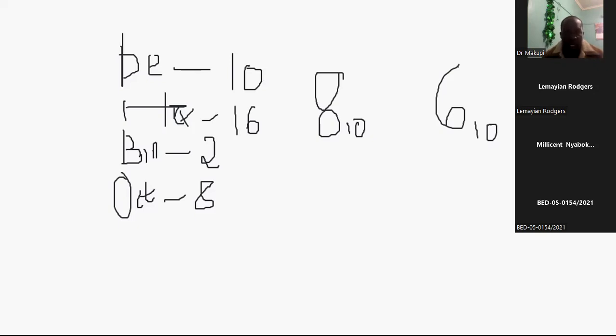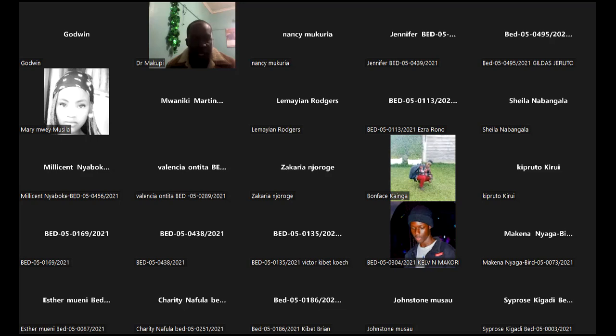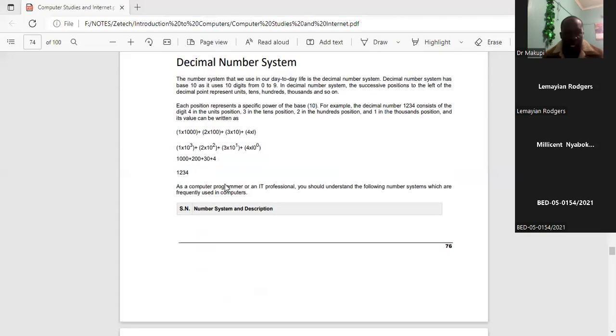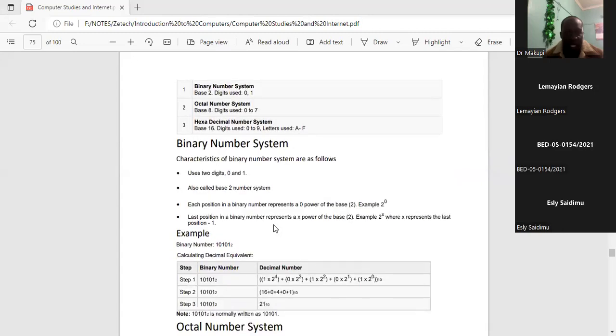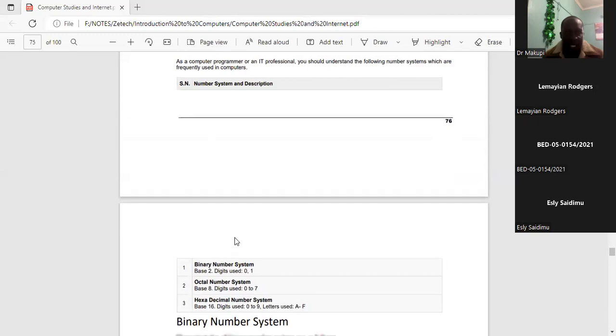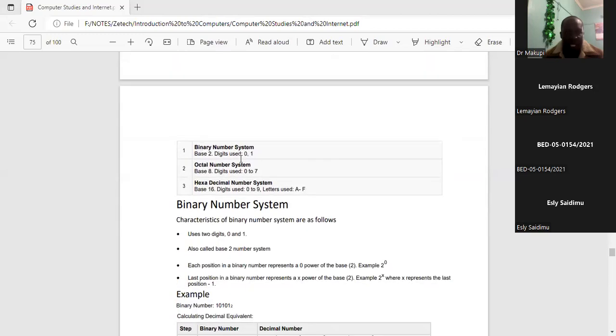Okay. So I was just showing you the decimal numbers. So when I say base 10, you understand that these are normal natural numbers and the way they are represented. Now, there are other numbers here, which you have seen, like binary numbers. Binary numbers are known as base 2.